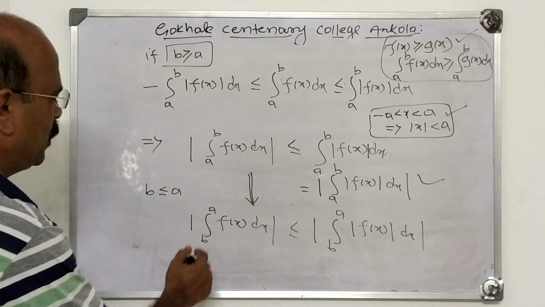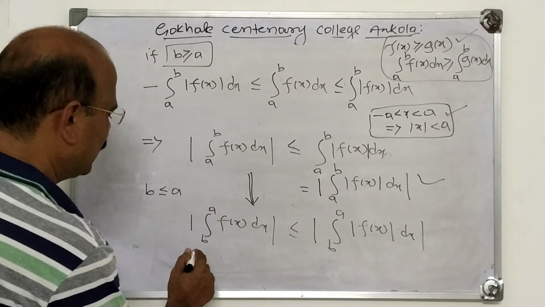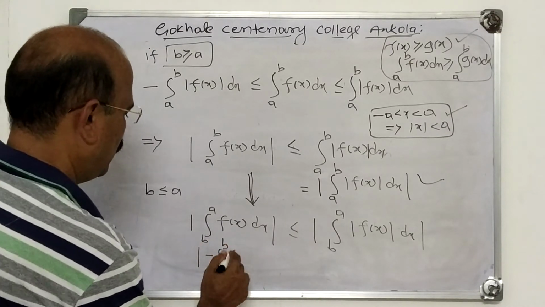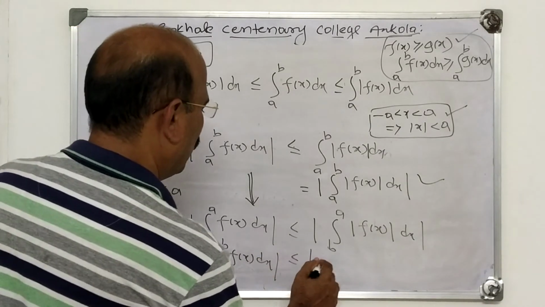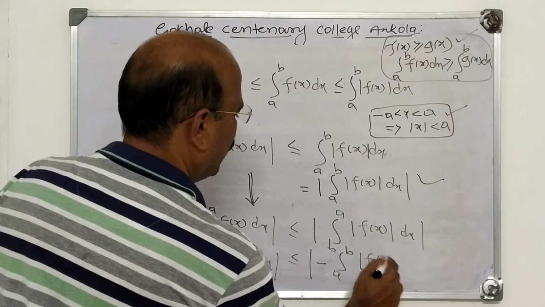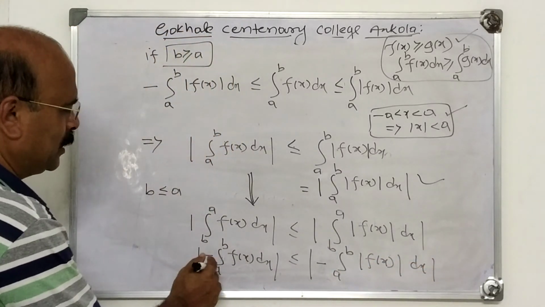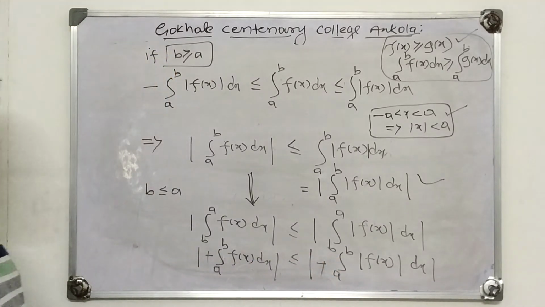But what is integral b to a of f(x) dx? B to a is minus a to b. So |minus integral a to b of f(x) dx| ≤ |minus integral a to b of |f(x)| dx|. But modulus of minus is plus. So we have this plus.